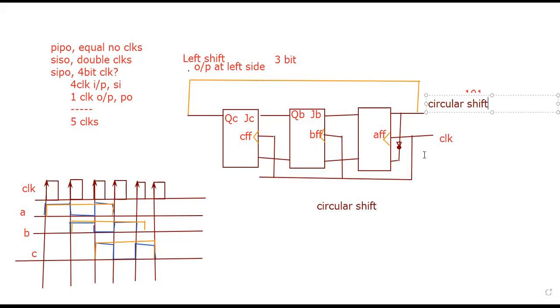Now we have to go for the difficult or complex one, that is the load shift register. In the load shift register, what we have discussed earlier is the case of parallel in and serial out.